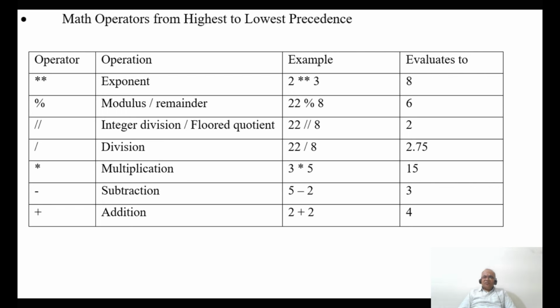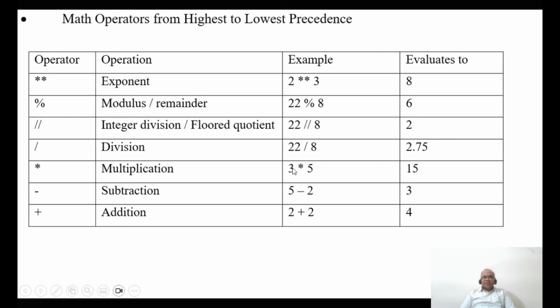An integer is a number which doesn't have a decimal point. So when you divide 22 by 8, it will give you 2.75. You eliminate that 0.75 and only get the integer division, which is 2. Then you have the division 22 by 8, which gives you 2.75.